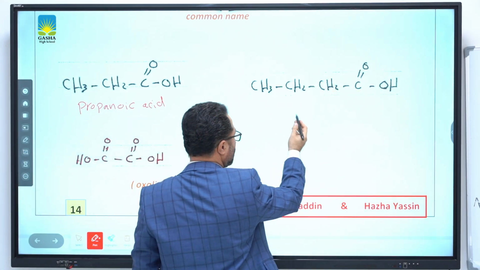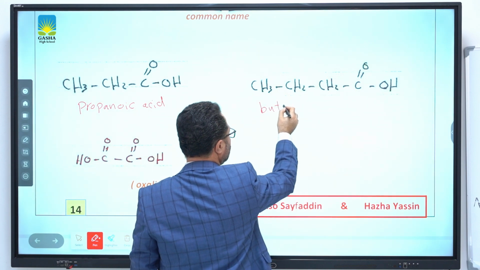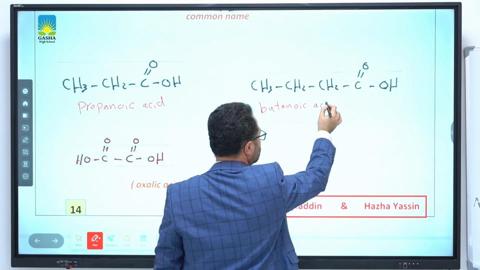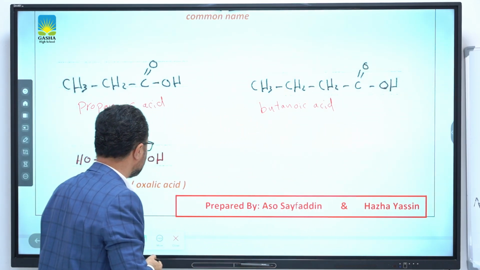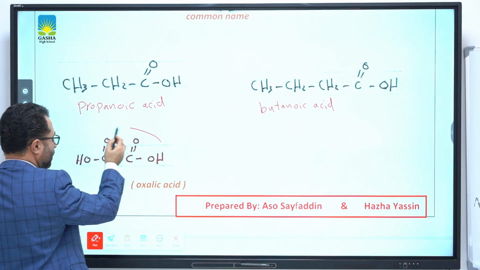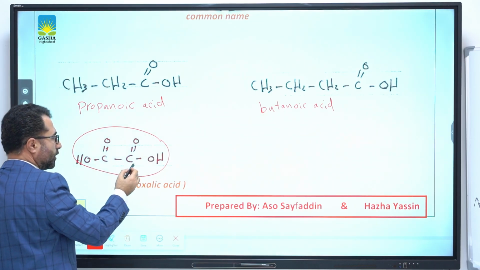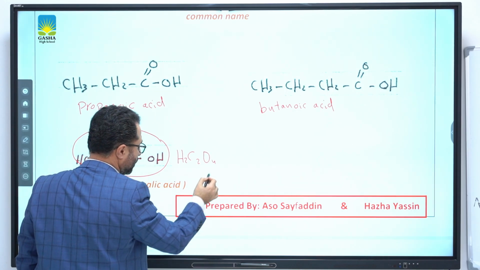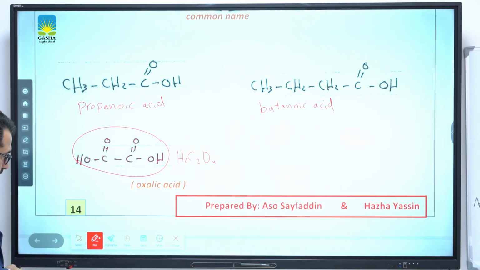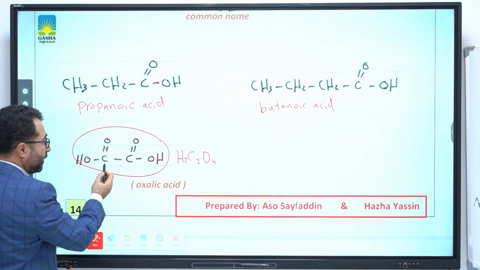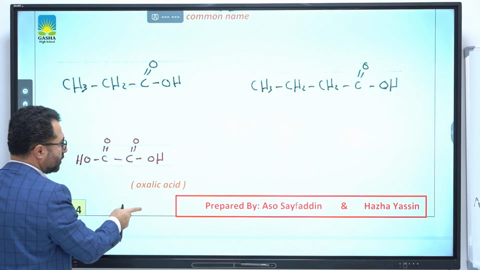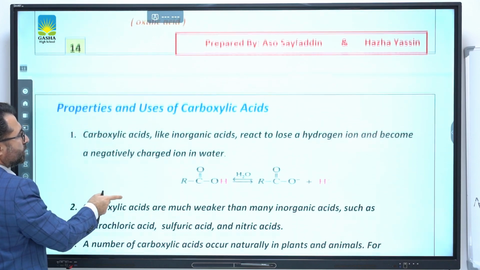The other one has 4 carbons, so it will be butane plus -oic acid, butanoic acid. Here we just have a common name, oxalic acid, H2C2O4. The systematic name is ethanedioic acid, which is not in the rules.